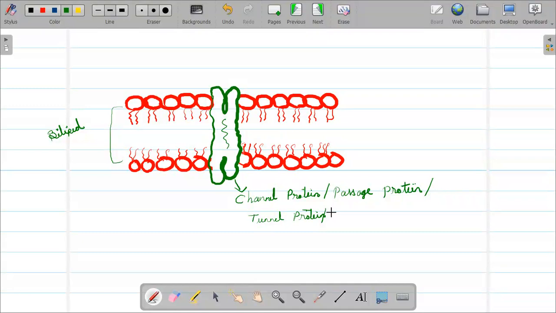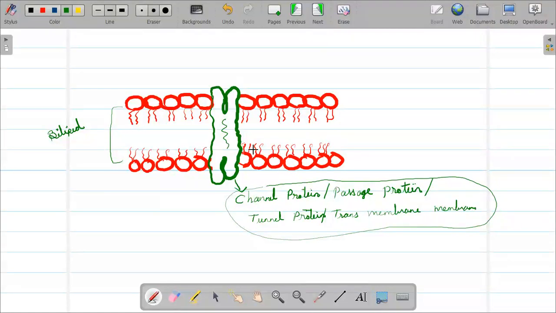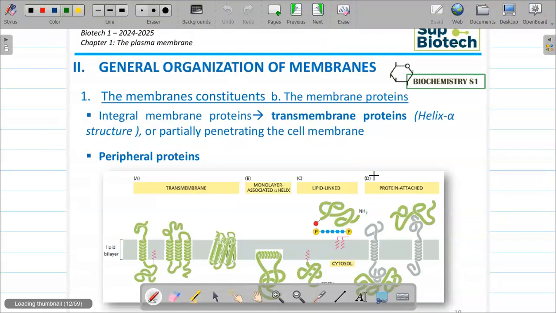Or transmembrane protein. But for all of these, we're going to give a common name. It is there between the lipid layer, so we're going to call it integral protein. What is the protein called? Integral protein.